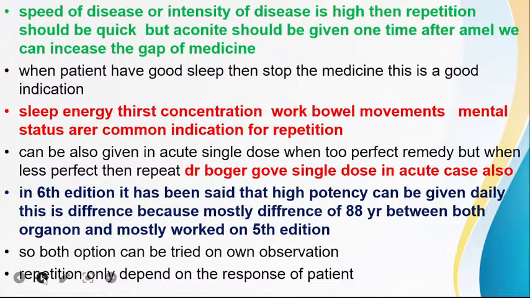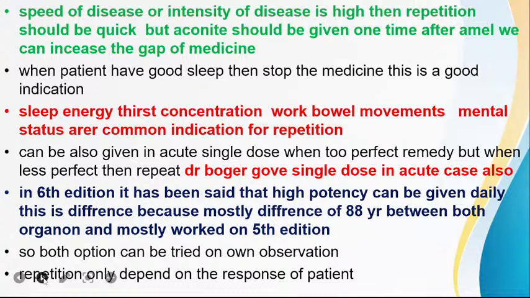But it is said that suppose there is an acute psychological case, which can be mania, shock, or a mentally affected state, and you are prescribing aconite. Then Dr. Honeyman sir said that there is no need for aconite repetition. You don't have to repeat the aconite.